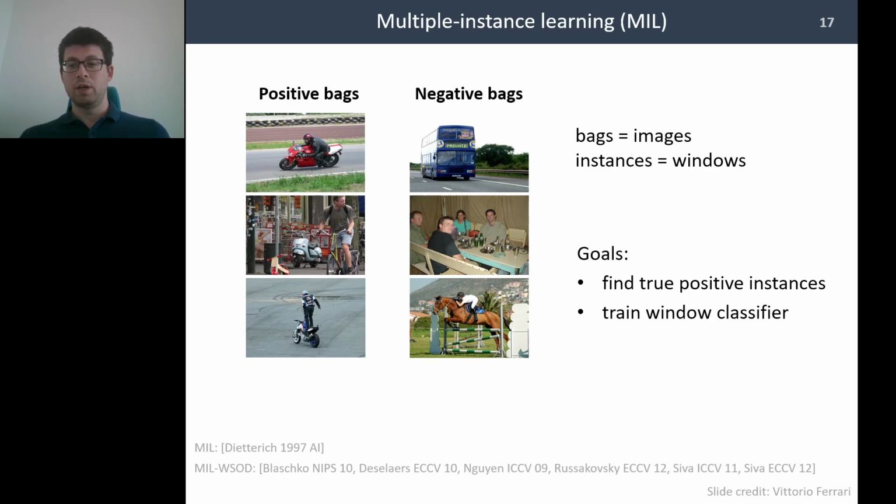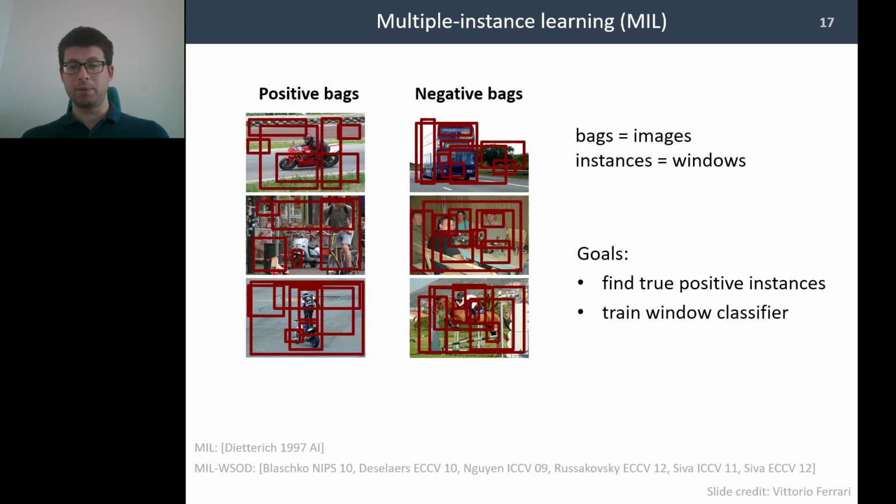Instead of receiving individually labeled object instances, we receive a set of labeled bags. Images are bags in this example, and we use regions as instances. These regions can be obtained via region proposal methods, which I will talk about later.